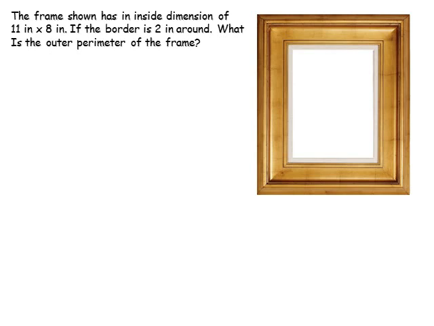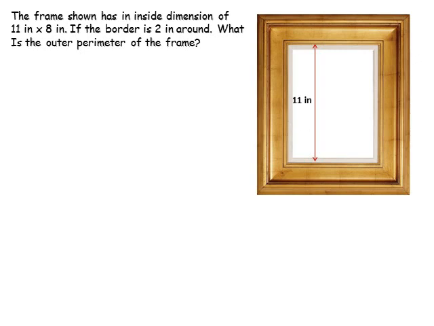Next one. Alright, the frame shown has an inside dimension of 11 by 8 inches. If the border is 2 inches around, what is the outer perimeter of the frame? Okay, what are we talking about here? The frame has an inside dimension of 11 by 8.